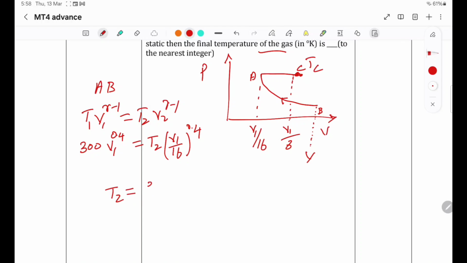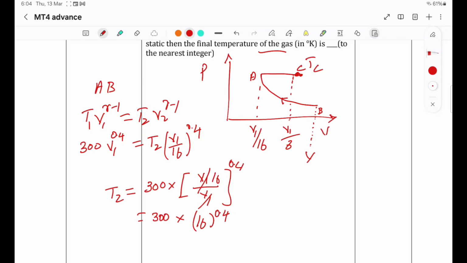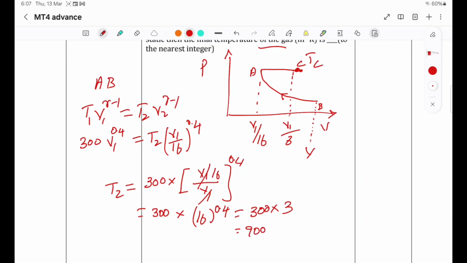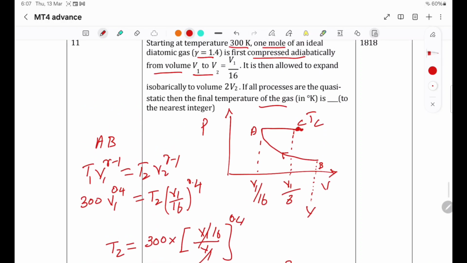T2 will be equal to 300 multiplied by, V1 cancels, 16 to the power 0.4. This value is approximately 3, so 300 into 3, you will get 900.